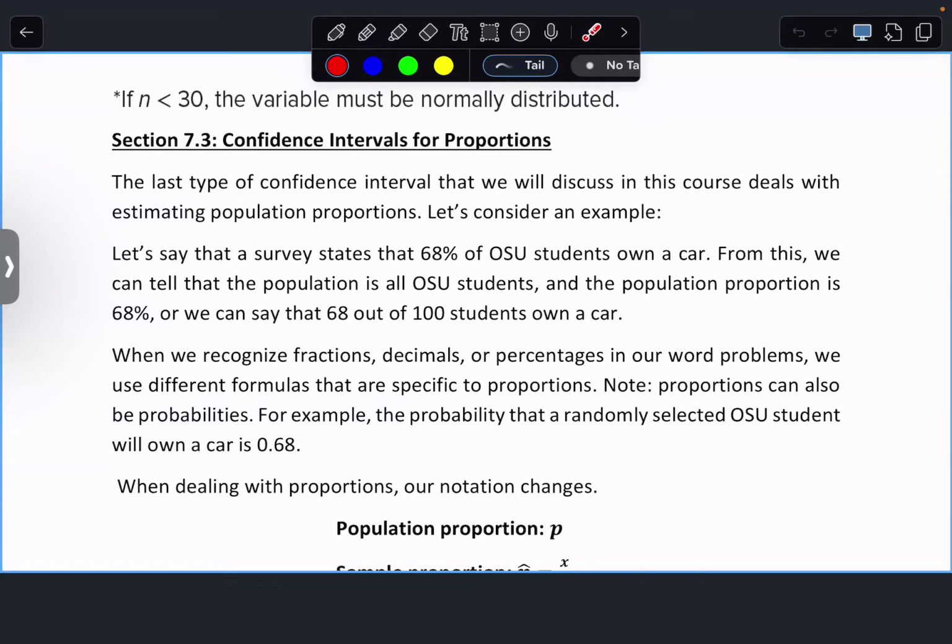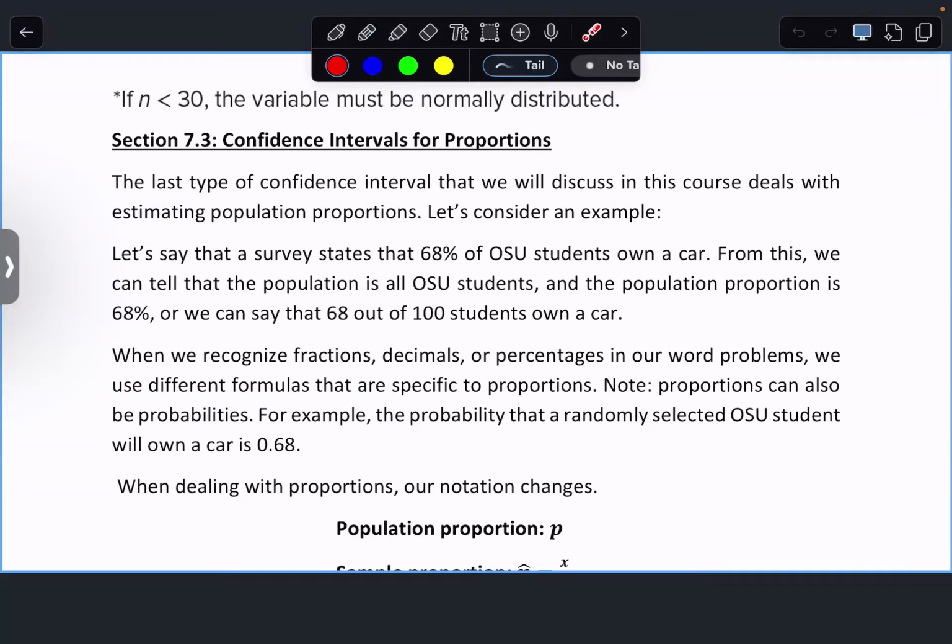And I can change it to percentage by multiplying by 100 to get 68%, or 0.68, sorry. So that is what proportion is all about. And we also have our point estimate for the proportion, which is going to be the sample proportion, because it may not be possible for you to ask every student in OSU to find out how many of them drive to school.